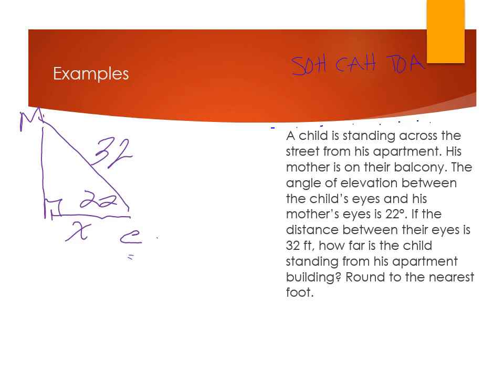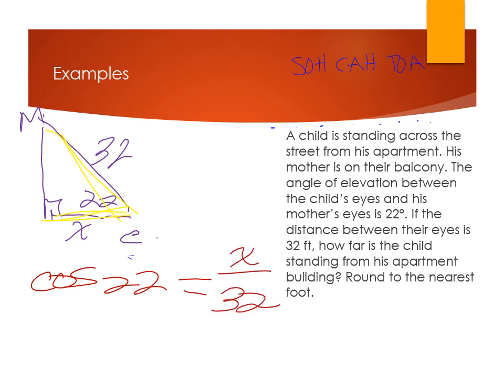So in this case, I have the adjacent and the hypotenuse, okay? So that is going to be cosine. So this is the cosine 22 equals the adjacent, which is x, over the hypotenuse of 32. So x, using the symmetric property, turn this around, is equal to 32 cosine 22.